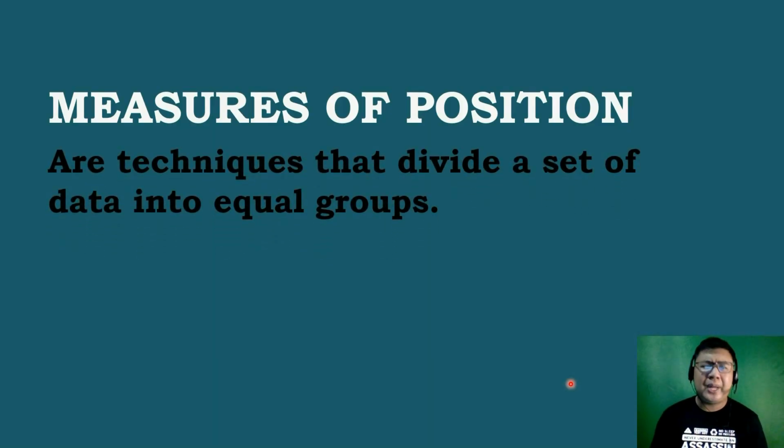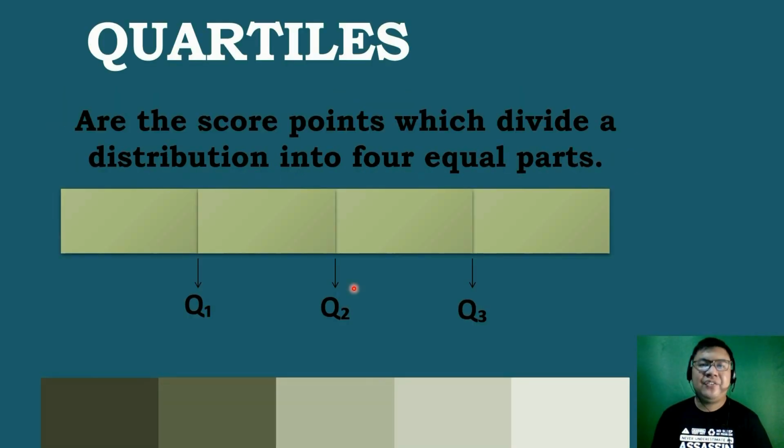Then another type of measures of position are the quartiles, the deciles, and the percentiles, which we will be learning for today's topic. Let's start first with the first measure of position, which is the quartiles. So quartiles are score points which divide the data into four equal parts.